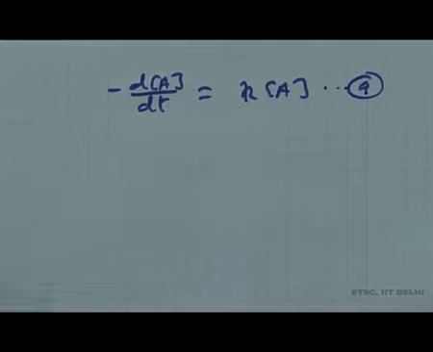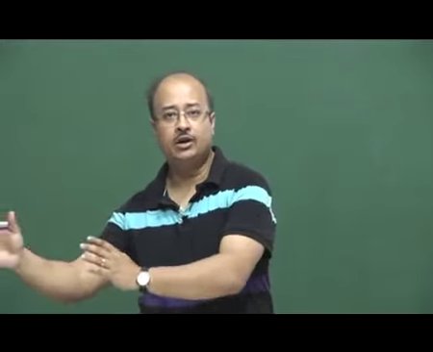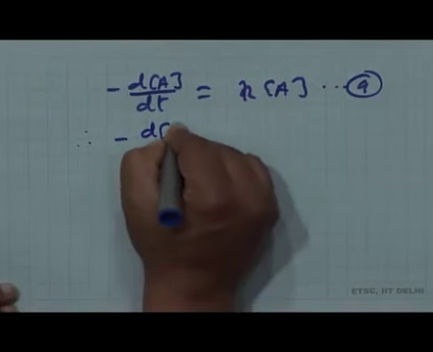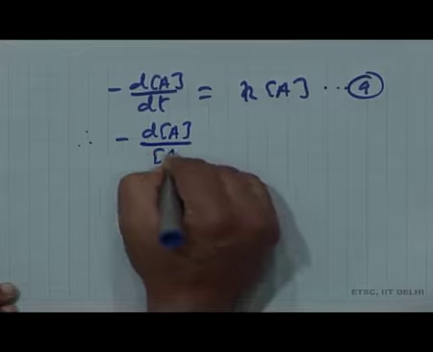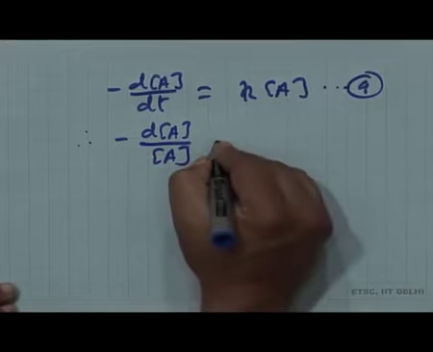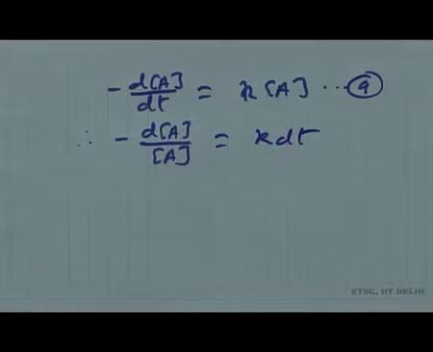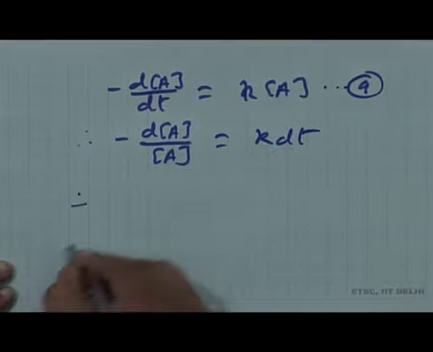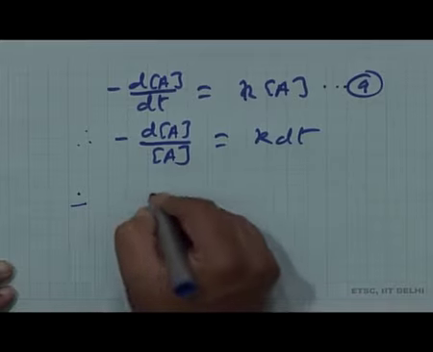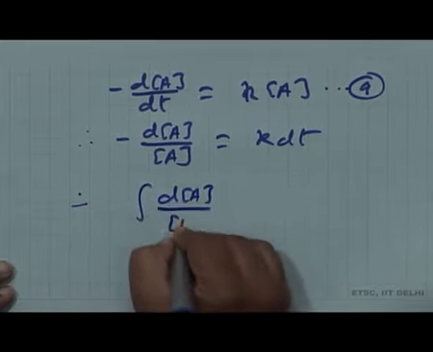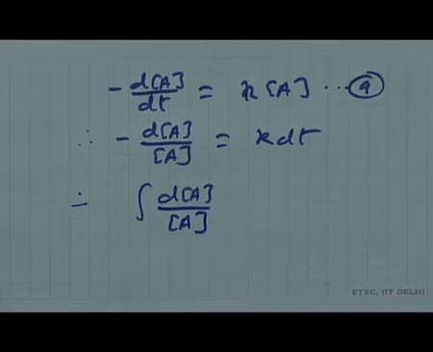So if you are having that, what we will now do is bring A on one side and take dt on the other side. So that is, we are going to have dA over A is equal to K dt, right, and then we move forward and integrate. So we will integrate again between some well defined limits.